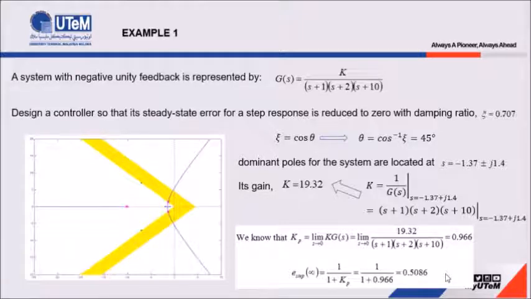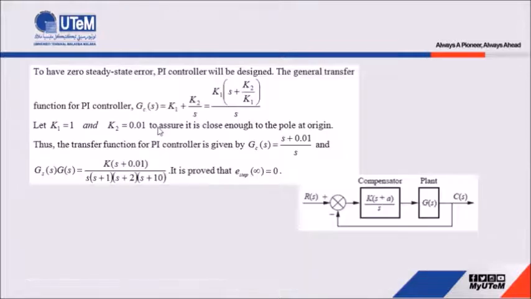So now our objective is to eliminate this error so that the error becomes 0. In order to do that, we have to design the PI controller. The general transfer function for the PI controller is Gc(s) equal to K1 plus K2 divided by s.